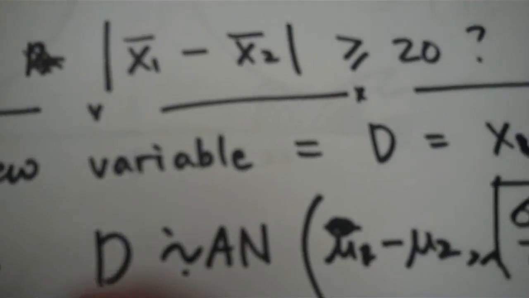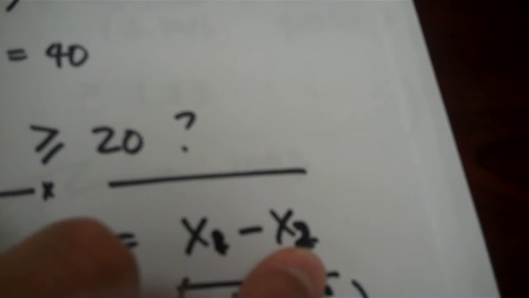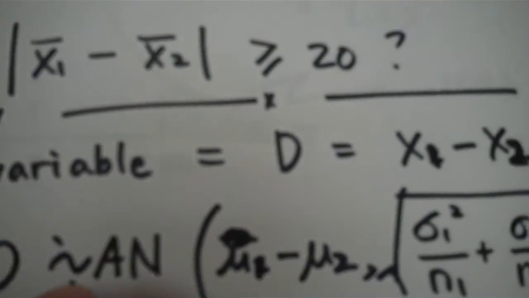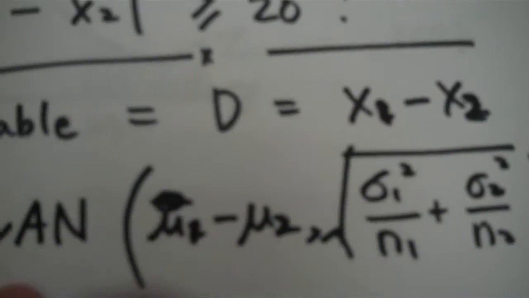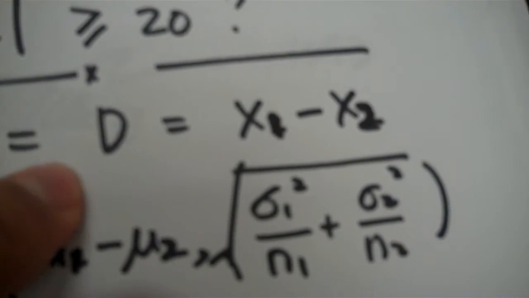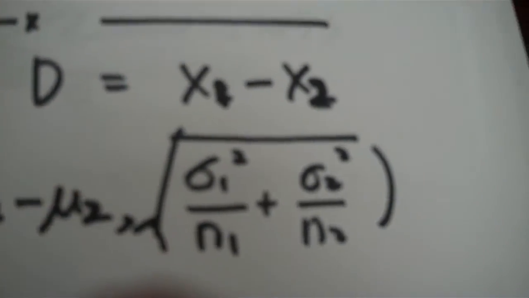If these two variables are normally distributed, then that difference is also normally distributed, with mu1 minus mu2 as the mean of that difference, and the standard deviation looks like that.